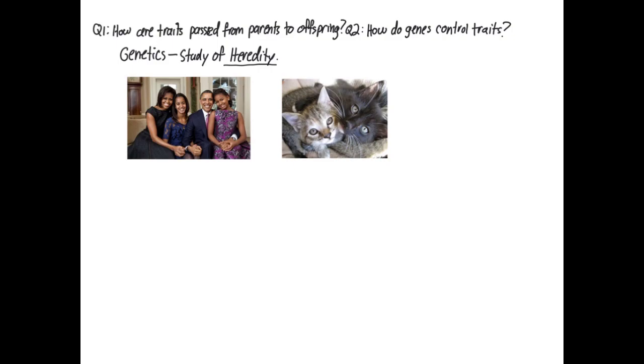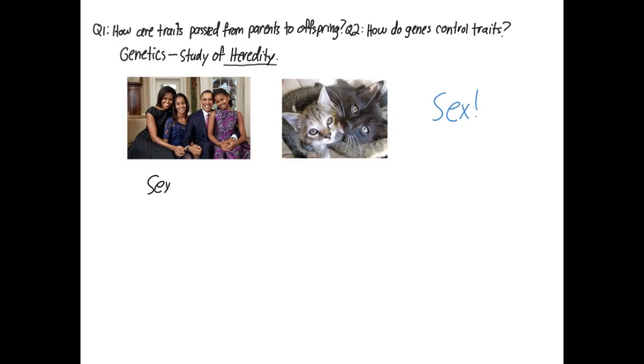We see a nice inheritance of eye color being passed on from this mama cat to her kitten. So you might ask, well, why is that? How do the instructions for how to make dark hair or green eyes get passed from parents to their kids? And the answer, of course, is through sex.